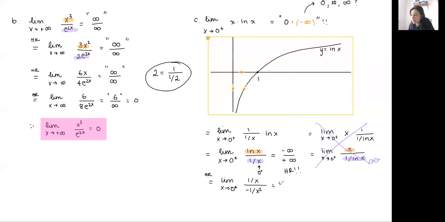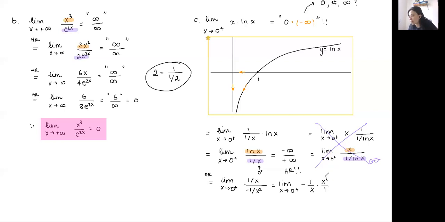So what I can do is I can say, well, this is the same as the limit as x goes to 0 plus of 1 over x divided by minus 1 over x squared, which is the same as putting a minus in front of this all, and then multiplying this by x squared over 1. Okay? So if we divide by a fraction, it's like multiplying by its inverse.